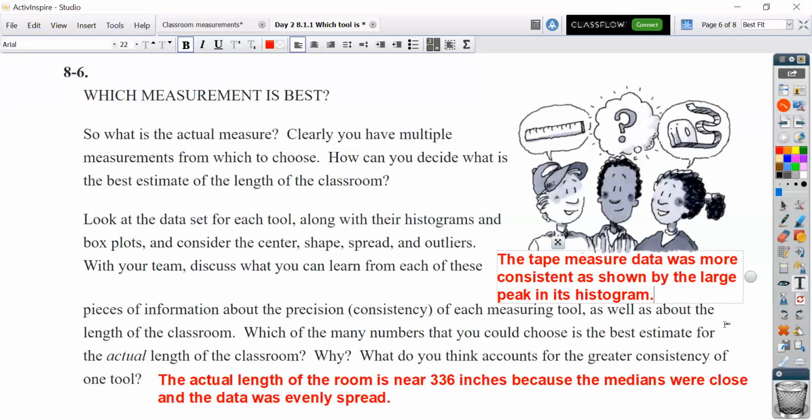If I had to pick why that is, I might say something like, well, when you're measuring with that tape measure, you can measure longer spans at once. So you have less chance of making cumulative errors in between the measurements. And that should give you a better answer.